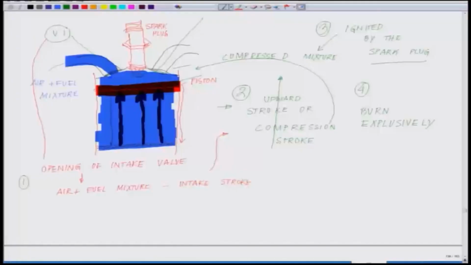So, the next step: this piston which has gone from top to bottom in step 1, then went back as a compression stroke, will again come down, because now this whole place will be filled with burned fuel. Once it comes down, that is called the power stroke.